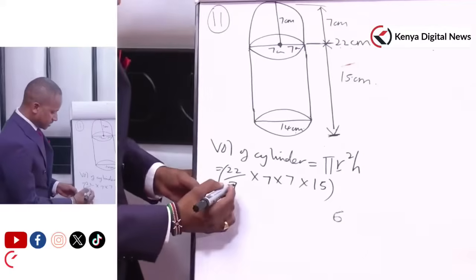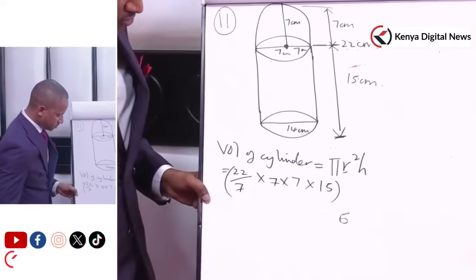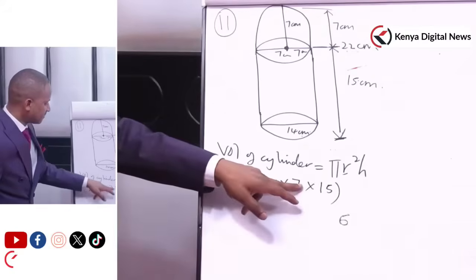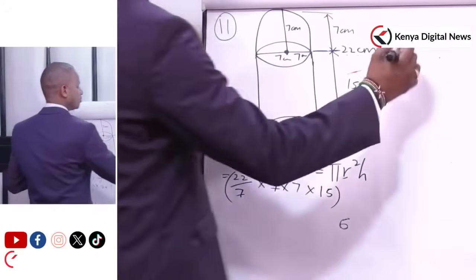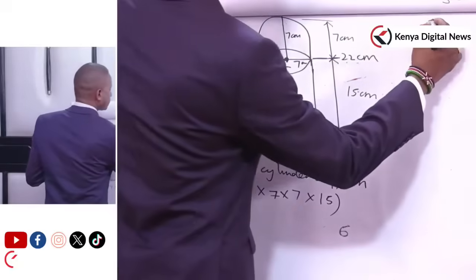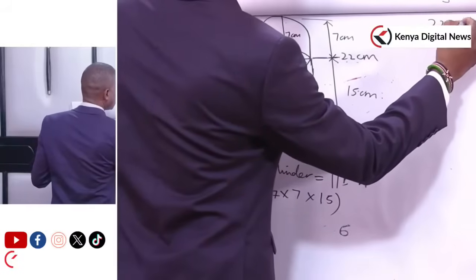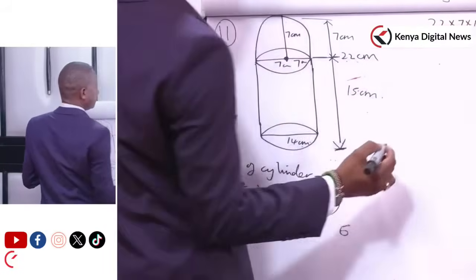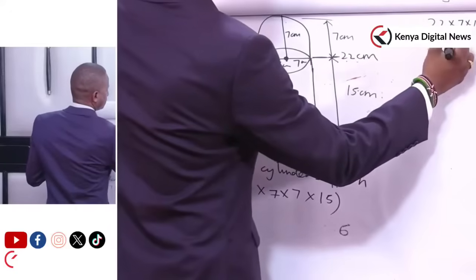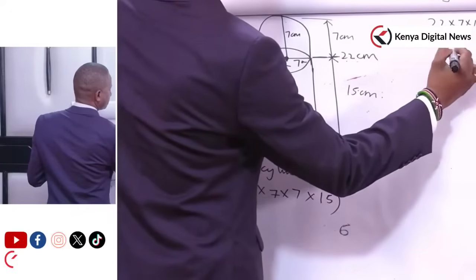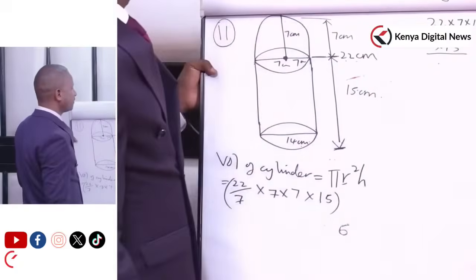So what do you get here? 7 with 7 goes. 22 times 7 times 15. So use your calculator, please. 22 times 7 times 15. This is 154 times 15. Use your calculator.